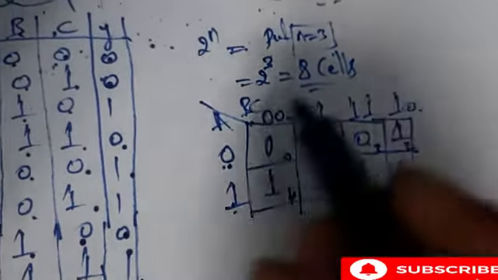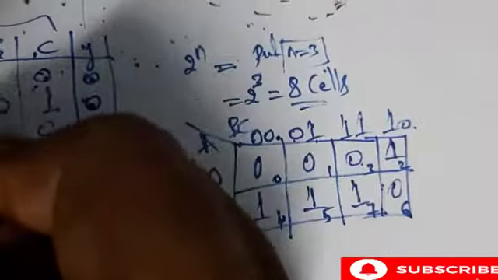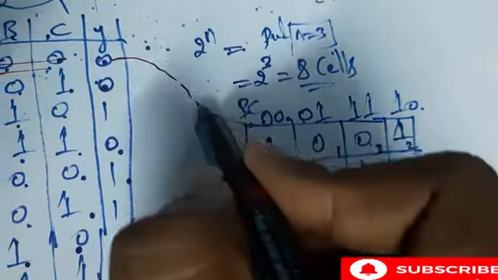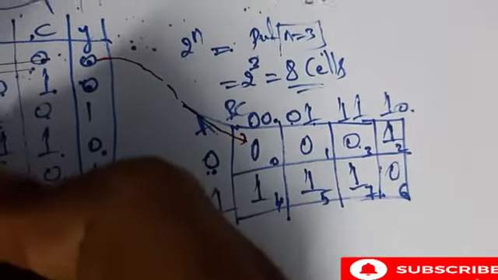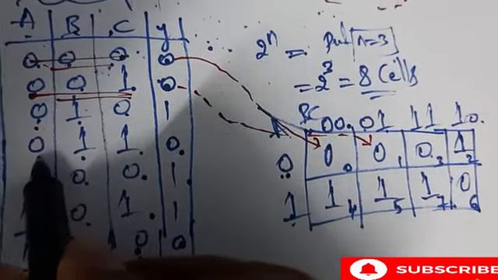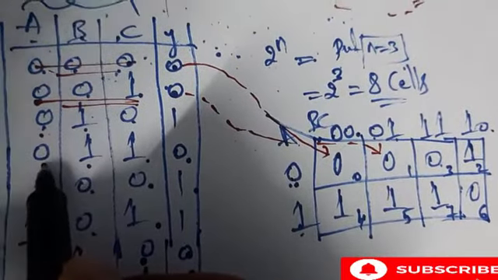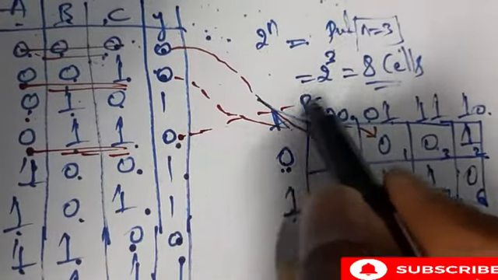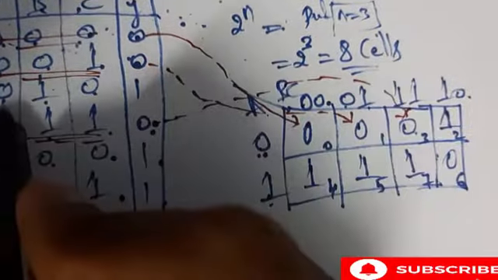Let's see. 0 0 0 means 0, plotted like this. 0 0 1 means 0 can be plotted like this. 0 1 1 means you will get the output 0. 0 1 0 means you will get the output 1.